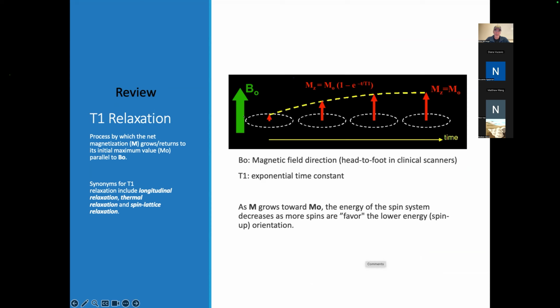So if our magnetization starts out along the direction of the static magnetic field, and we apply a 90-degree pulse, so the magnetization goes in the transverse plane, it recovers back towards its equilibrium value M naught with this time constant T1. So this is a first order differential equation, just like the way hot tea in a cup moves towards the ambient temperature of the room. It's the same kind of model.